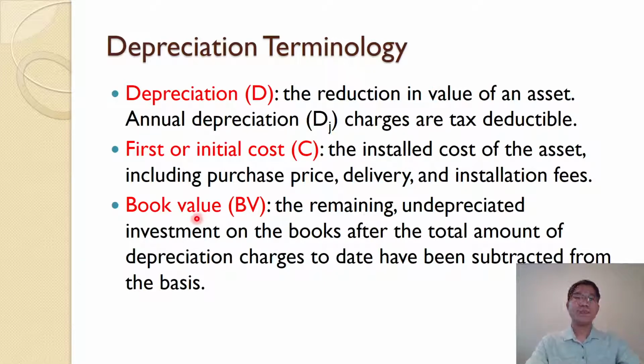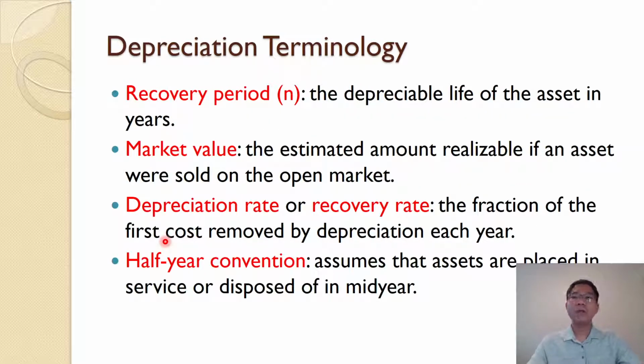Book value: the remaining undepreciated investment on the books after the total amount of depreciation charges. So all the depreciation that you calculate so far will be deducted from the initial cost, and that we call the book value, BV. Recovery period: the depreciable life of an asset in years, and it depends on what the IRS allows.